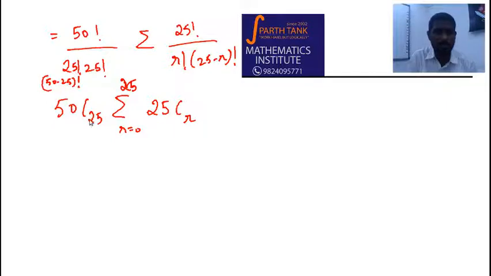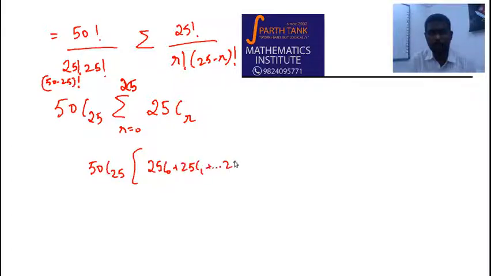So you can consider it as 50C25. Now this summation is basically 25C0 plus 25C1 up to 25C25. The summation of all the binomial coefficients you know is 2 to the power n. So 50C25 into 2 to the power 25.